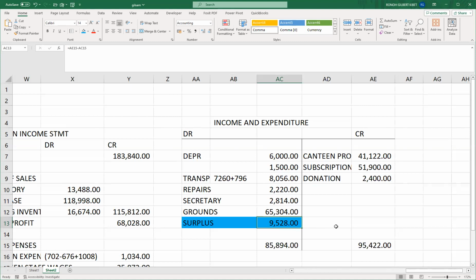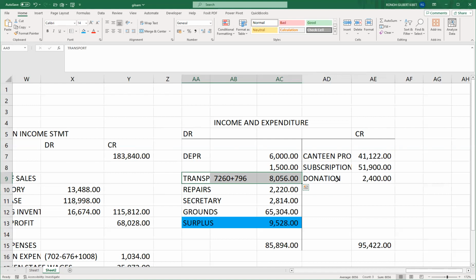I know yours was wrong because of canteen profit. Yeah, the canteen profit also, and I used the wrong transport expenses. Funny thing, when I was adjusting, I adjusted correctly, but I carried forward the wrong figure. It was a careless mistake.